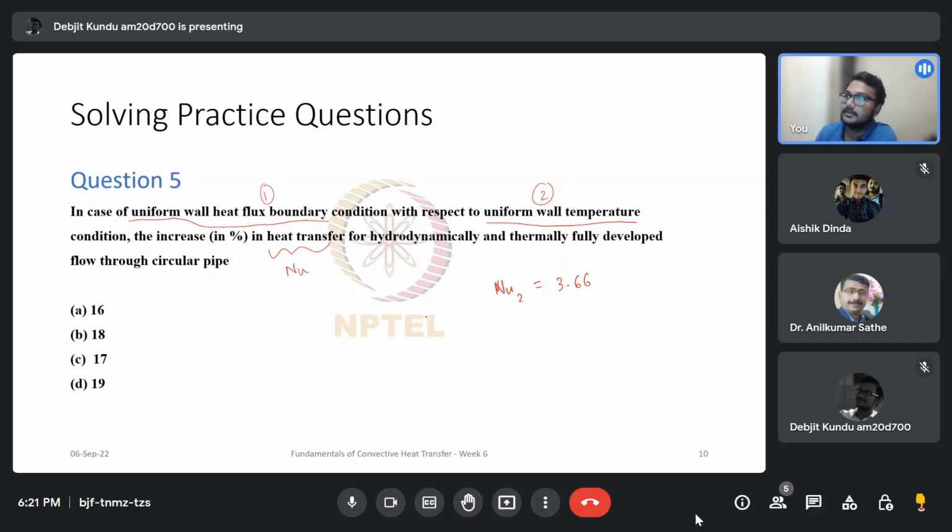And similarly, if the heat flux was uniform throughout, then that would have been 4.36. So you can calculate the percentage change from this.